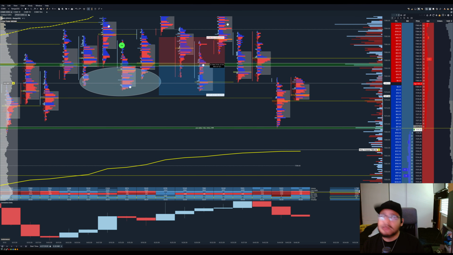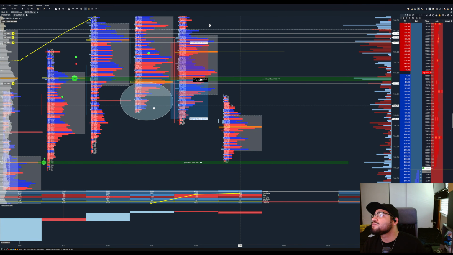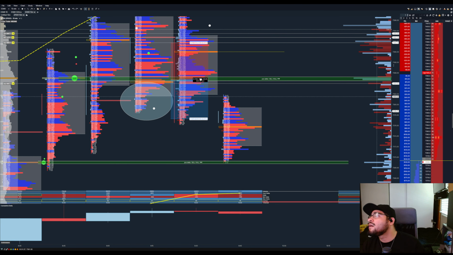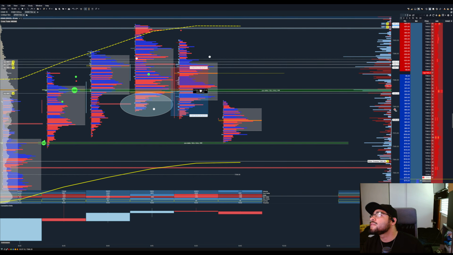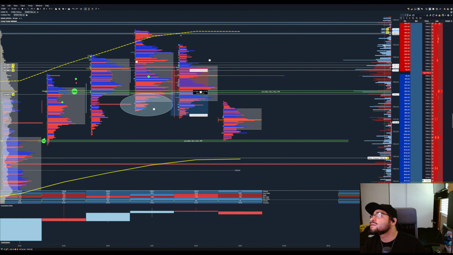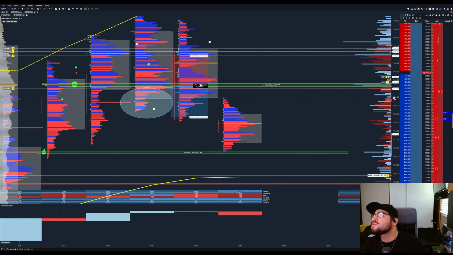If you look here, this is a balanced profile, so it's kind of like indecision. I treat it like a D-shaped profile. I think I'm gonna move my stops slightly above this wall, just in case we see a huge spike.